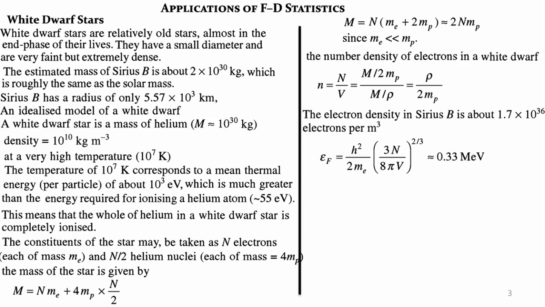Now, if we calculate the Fermi energy corresponding to the electron in this case, I hope you are now familiar with the formula for Fermi energy, then that Fermi energy comes out from this expression to be almost 0.33 mega electron volt. Now this Fermi energy is also very high.